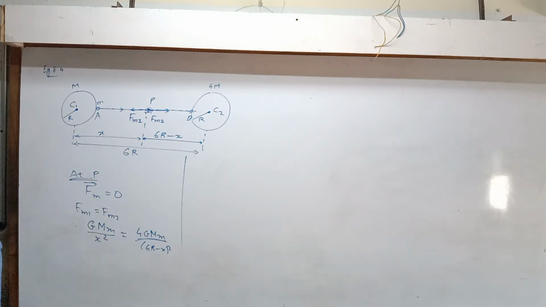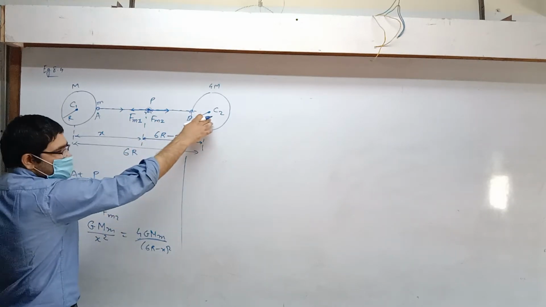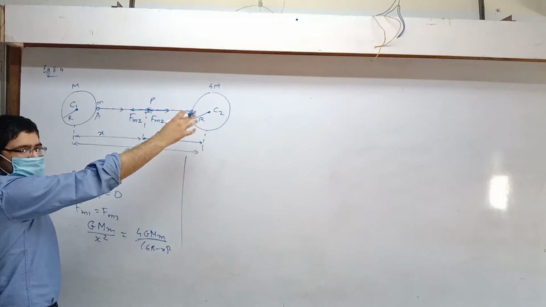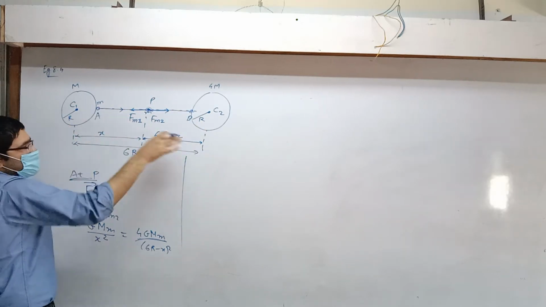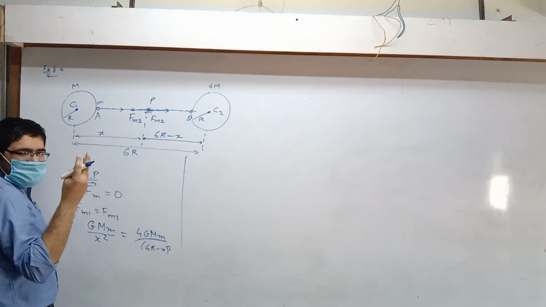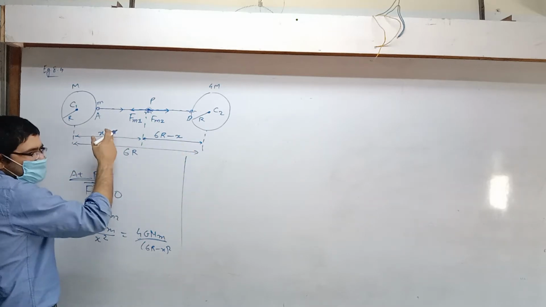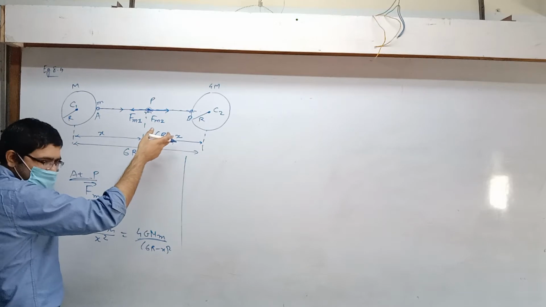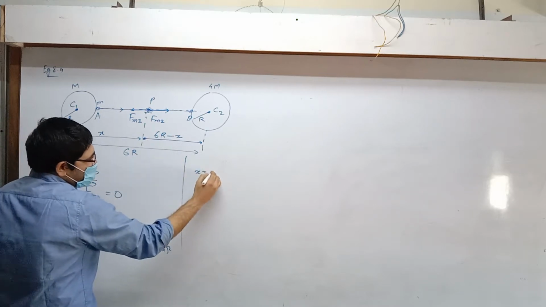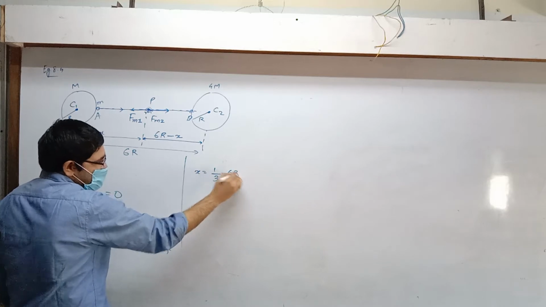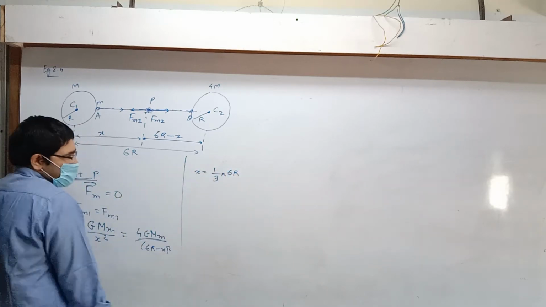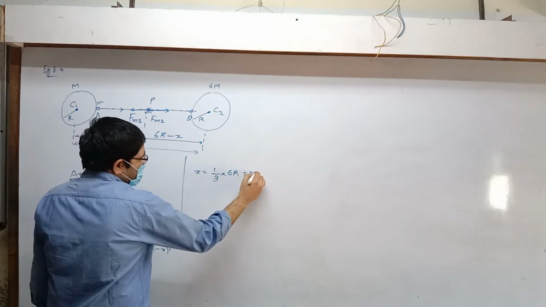Or we can use the shortcut. This is 4, square root is 2. And then 2 plus 1, 3. We have to divide 6r into 3 parts. So one part is x and 2 parts is this. So x will be equal to 1 part out of 3 parts of 6r. Okay? So that is 2r.